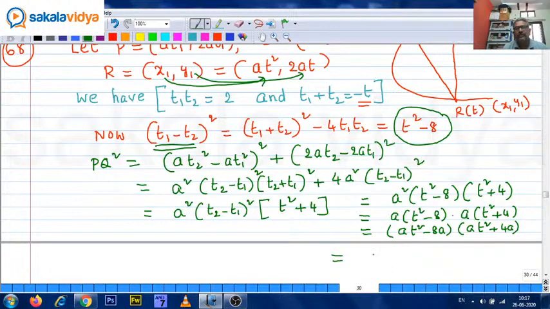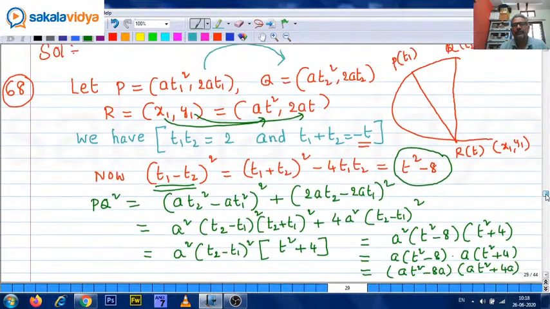So this equals x1 minus 8a into x1 plus 4a. This is the answer: x1 minus 8a into x1 plus 4a. Because there are lengthy problems, please do check it carefully.